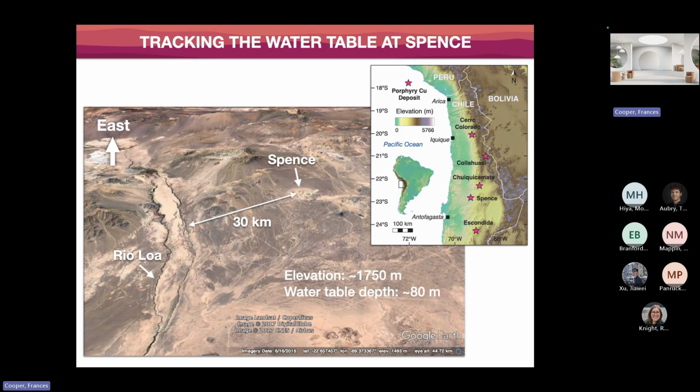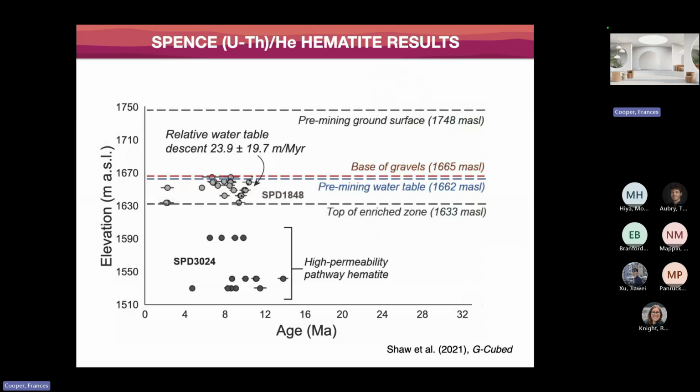So Cerro Colorado again was up here, just on the edge of the Andes. Spence is out here, more out in the plains. And we get a different set of results here. So if you remember at Cerro Colorado, we have pretty consistent precipitation of hematite going back to about 32 million years ago. Whereas interestingly here at Spence, the oldest age we get is actually about 12 or 13.